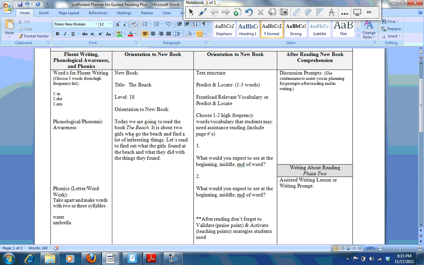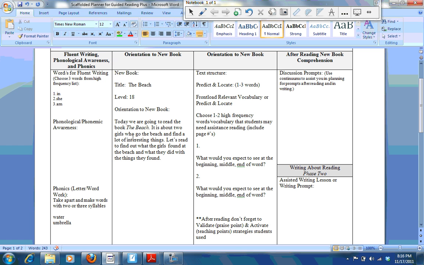In this particular book, it's a realistic fiction. There's really not a lot of vocabulary. There's a few things, as far as hermit crab or starfish and so forth, that they may not have much background on. And maybe you want to front load some of that with them. I always like to provide pictures, video, something like that, especially for ELL learners.